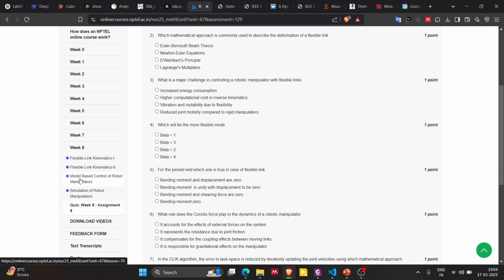There is no such research part, but the flexible link part is much more on the mathematical side, so you don't need to worry about those big equations. You just need to know what the boundary conditions and governing equations are, and how to solve them.